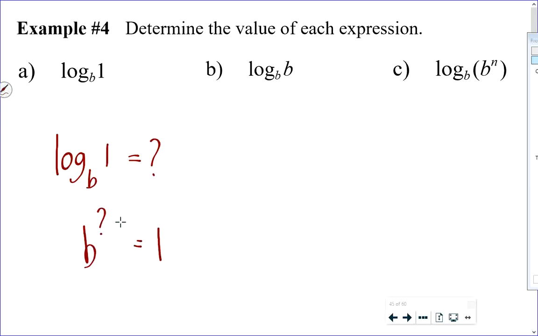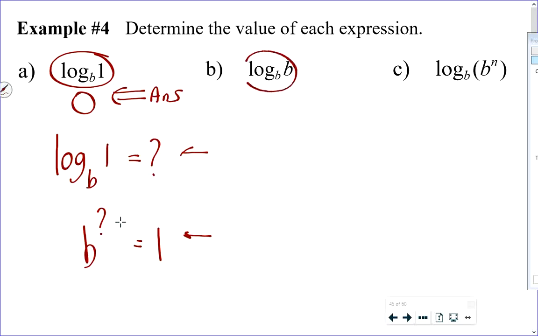So what exponent do I raise b to get 1? 0. And what I hope you get is that you don't have to write this or this. You look at this and say, to what do I raise b to get 1? The answer is 0.